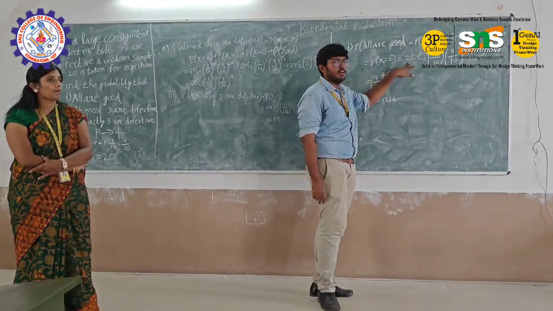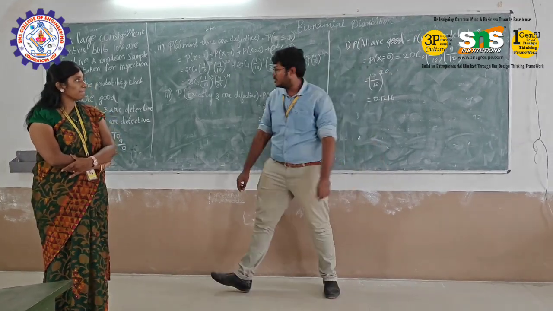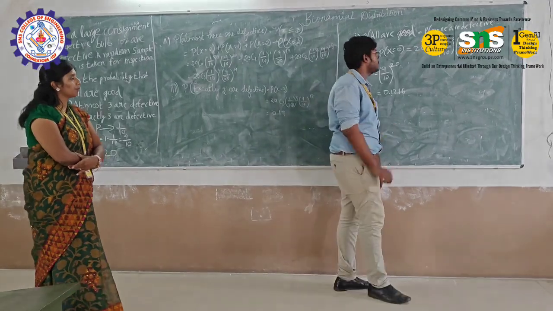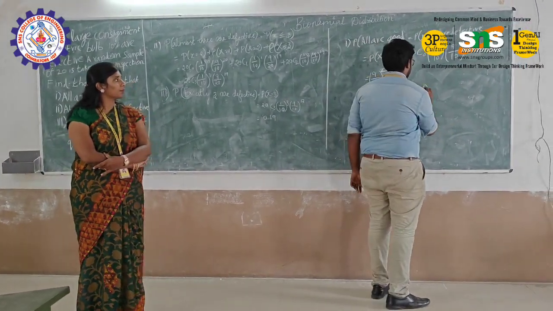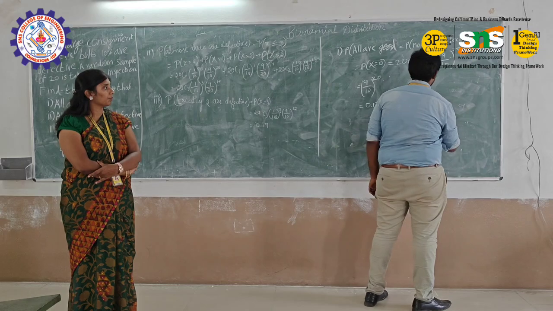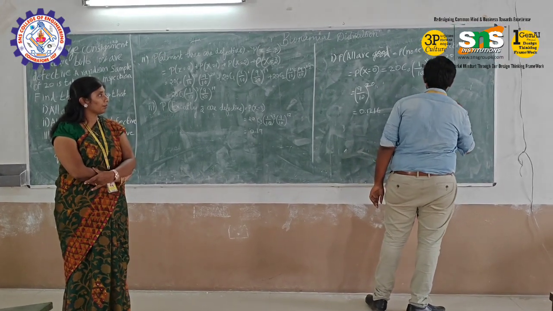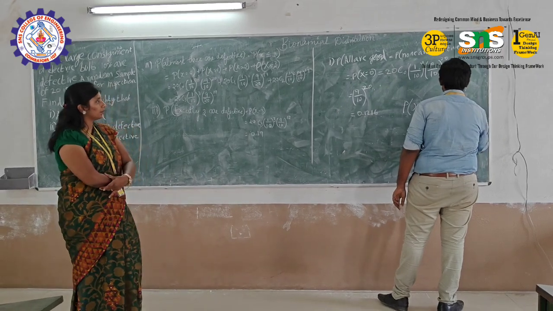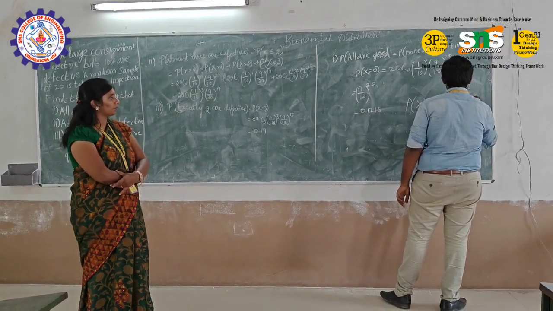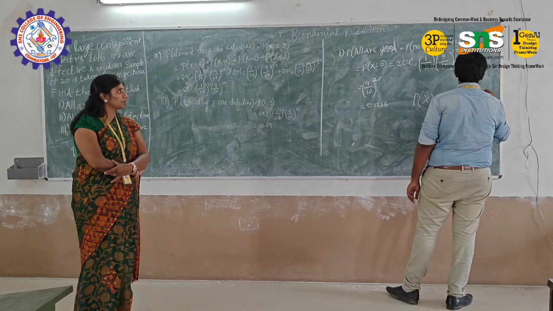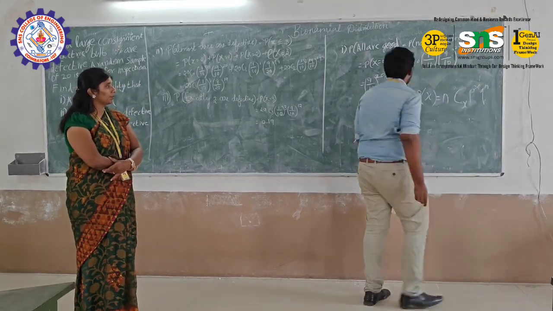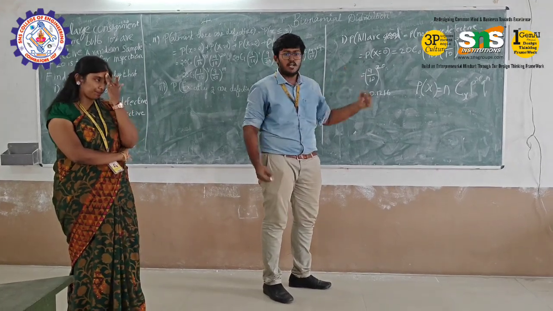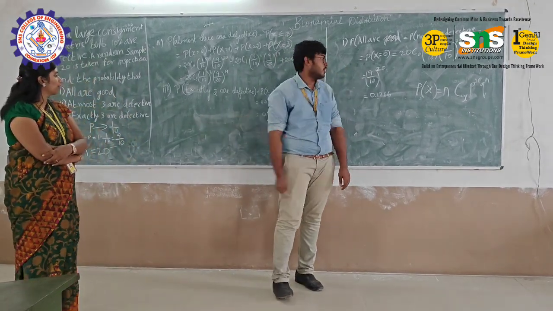Then we apply the formula: P of x is equal to nCx p to the power x q to the power n minus x. This is the formula for binomial distribution.